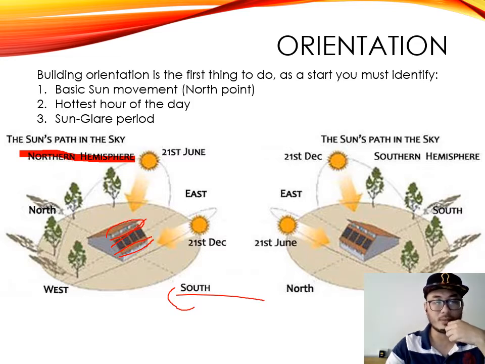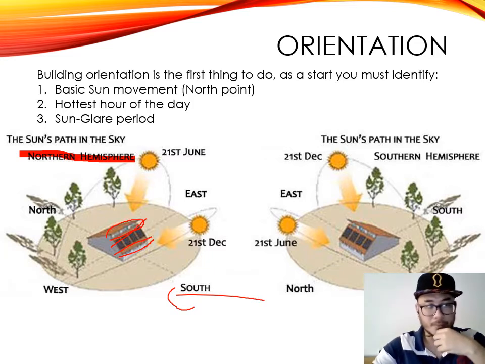It's because there is almost zero sun directly from the north when you are in the northern hemisphere of the earth. So it means that you only get big daylight on the north side.